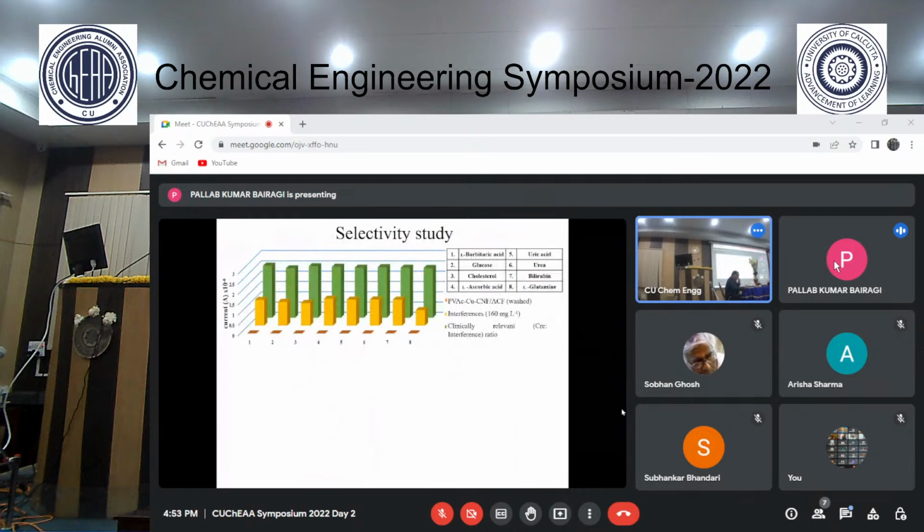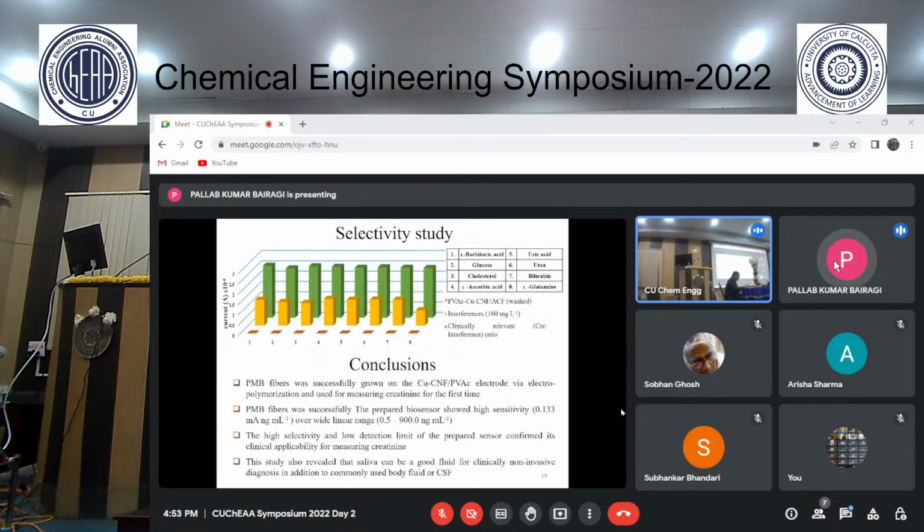It was also observed that the material developed for creatinine sensing can measure over a wide linear range of concentration, that is 0.5 to 900 nanogram per milliliter, and it can exhibit a very high sensitivity during the sensing.